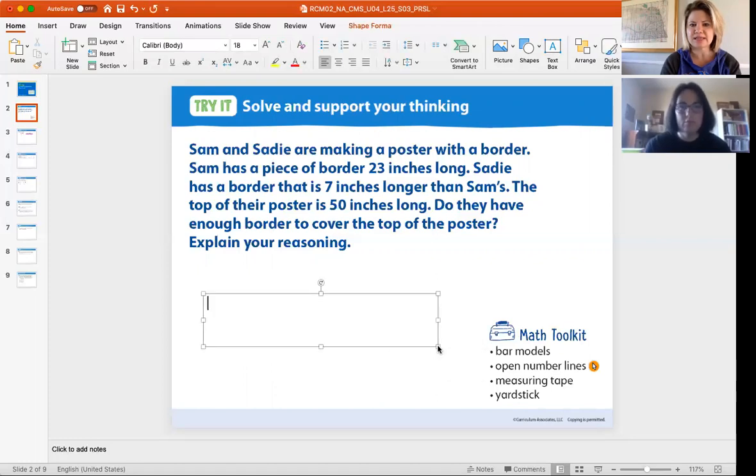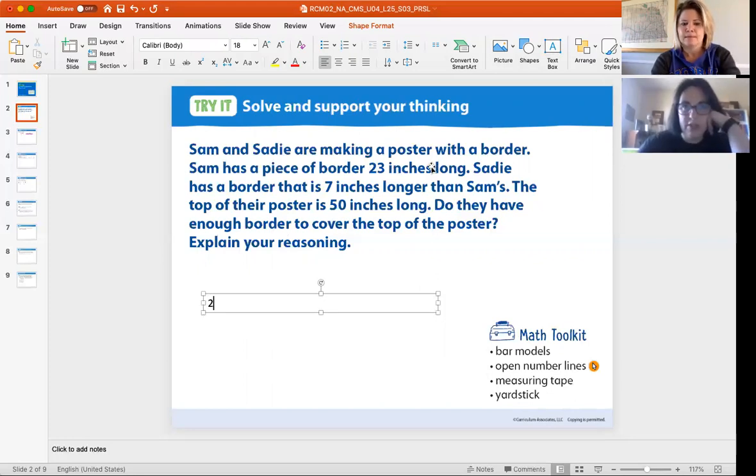And we know that Sam's border is a specific amount of inches. So how big is Sam's? So Sam's is 23 inches. We know that for sure. But then it says that Sadie has a border that is 7 inches longer than Sam's.